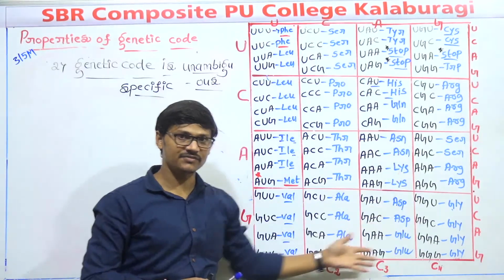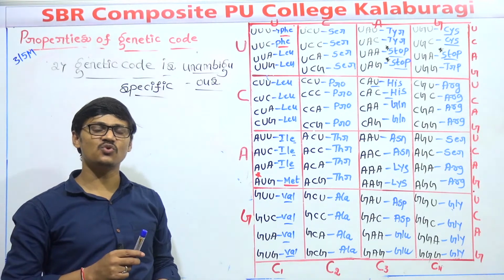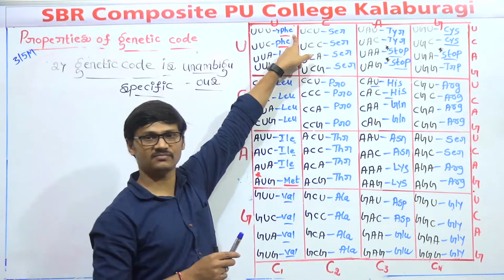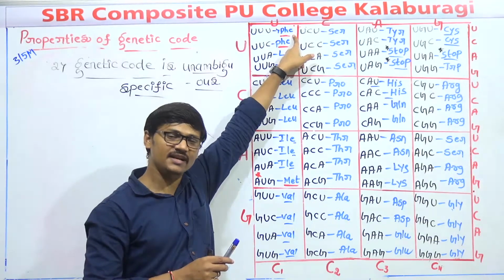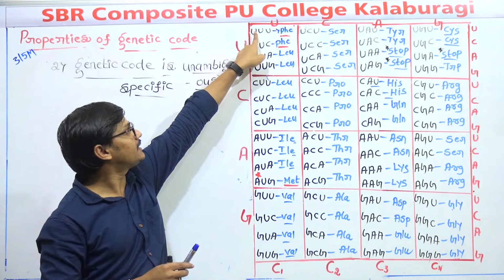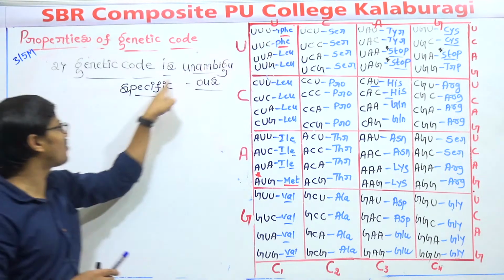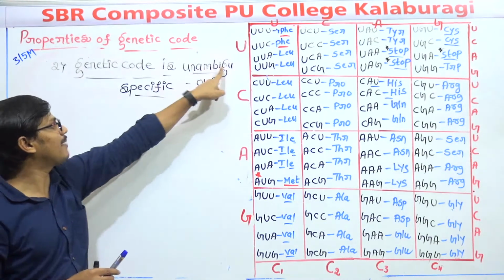Here, if you see this table, you will find U codes for only phenylalanine, no other amino acid. It means a particular codon will code for a particular amino acid, that is what is called specific or unambiguous.